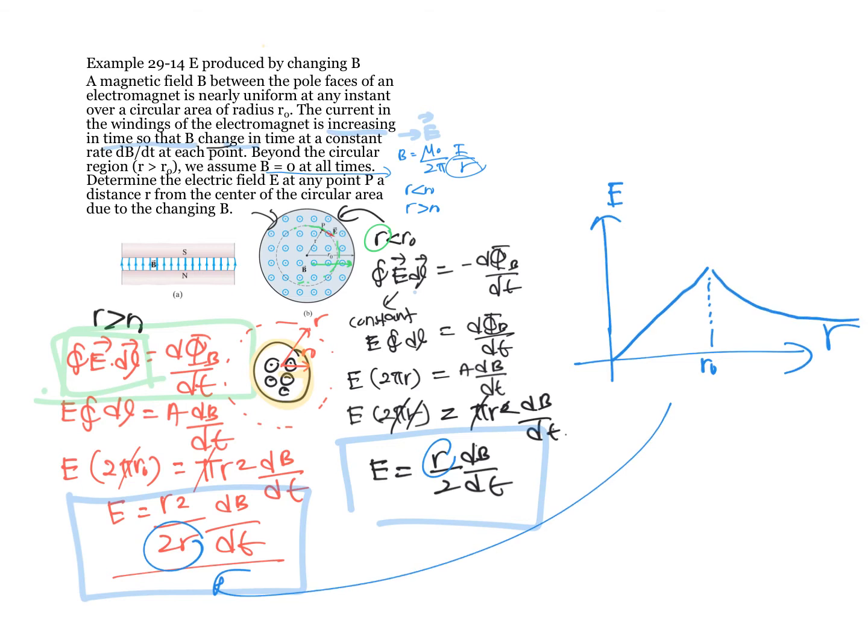So you are going to get that graph. Okay, understand? So if you encounter questions where you need to find the change of B and relate it with the induced EMF, you need to use this formula. So let's proceed to the next one.